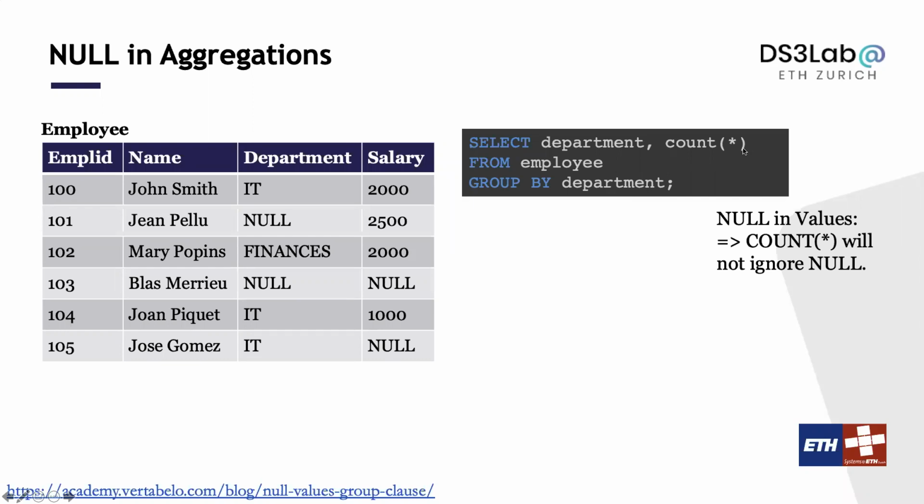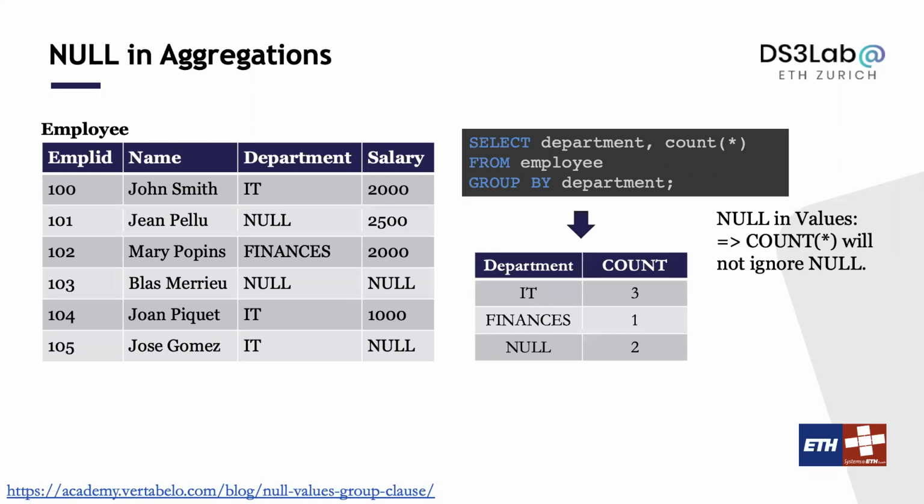Essentially, I want to count how many tuples are there. In this case, you have IT, so you have 3 tuples: one here, another here, 1 tuple, 2 tuples, 3 tuples. Even though there's no value, you are actually not going to ignore it. So here you are going to have 3 in IT, 1 in finance, and 2 in null.